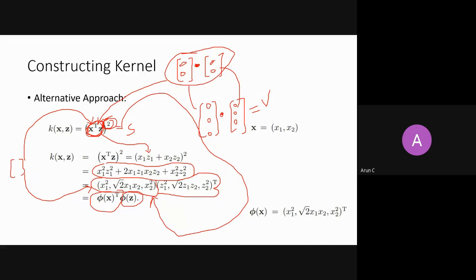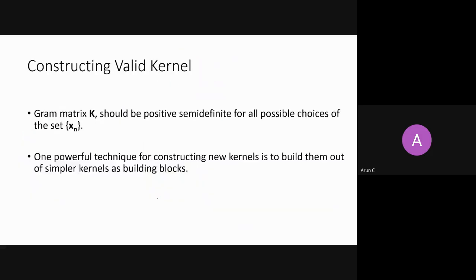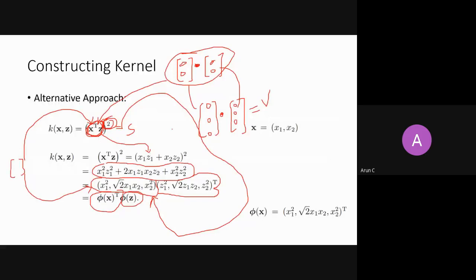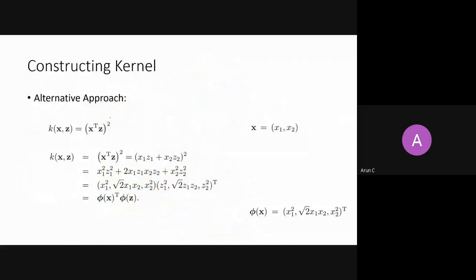What if somebody says that you project it into an m-dimensional space? Then what do you do? You just take this power and replace it with m. Then you will have m plus 1 dimensions, right?